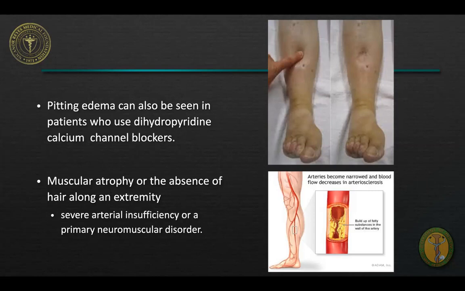Muscular atrophy or the absence of hair along an extremity is consistent with severe arterial insufficiency or a primary neuromuscular disorder. For deep venous thrombosis, a test like your Homan sign, that is posterior calf pain on active dorsiflexion of the foot against resistance, is neither specific nor sensitive for this disease.